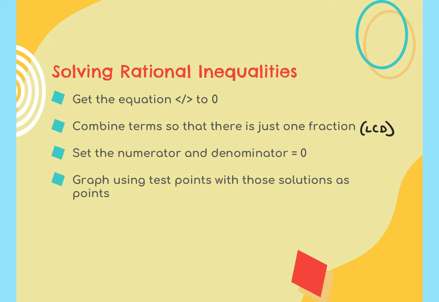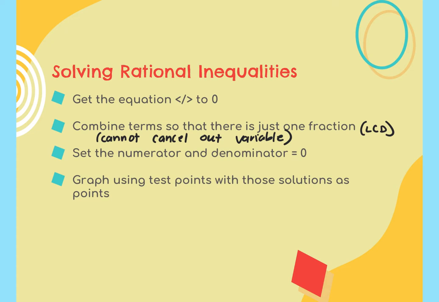One of the major differences between inequalities and rational equations is that you cannot cancel out variables. So I have to combine them into one fraction instead of multiplying by the denominator to get rid of it. If you multiply by the denominator to get rid of it, you just lost the test point. So you can't do that.